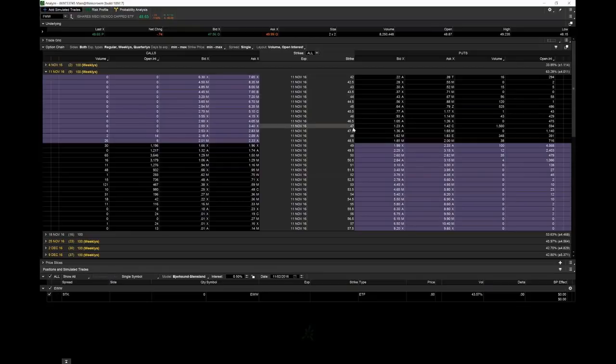So if we pay 40 cents for the 47.44 put spread, buying 47s, selling 44s, the most that we can make would be $3,000 minus whatever we paid. So if we're in it for 40 cents, $3,000 less $400, our reward is $2,600, and our risk is down to $400. And that's what I'm always looking to do when I trade.